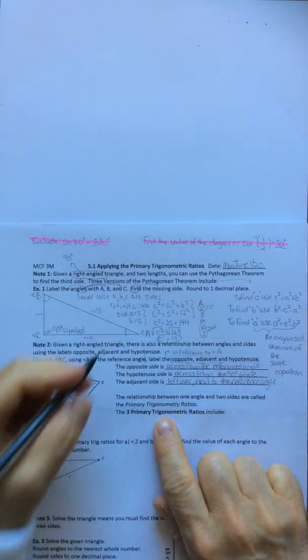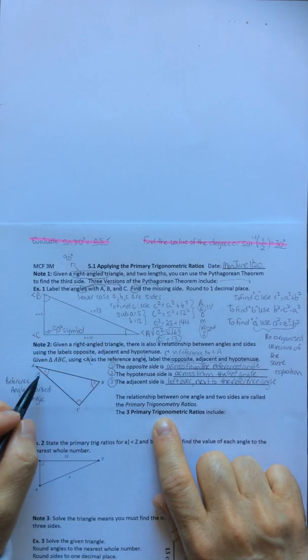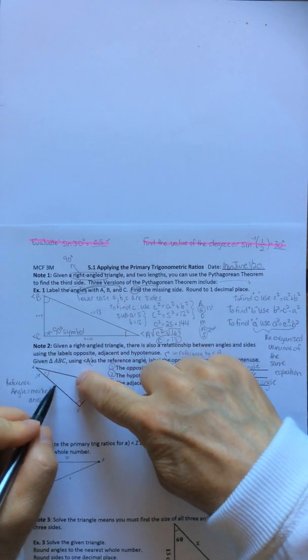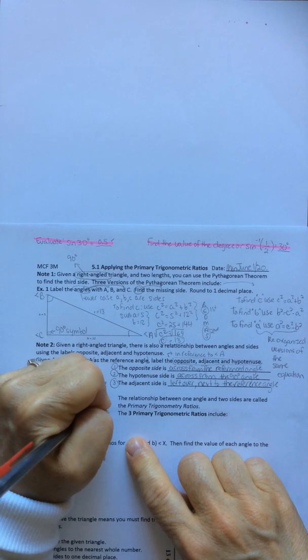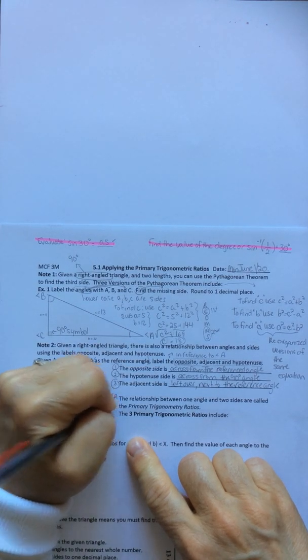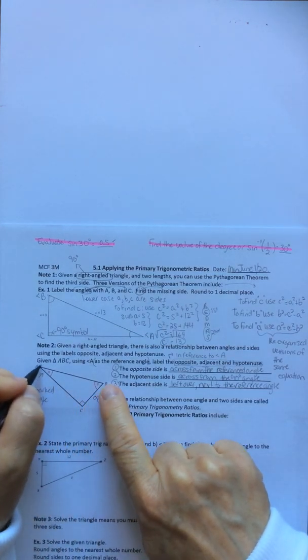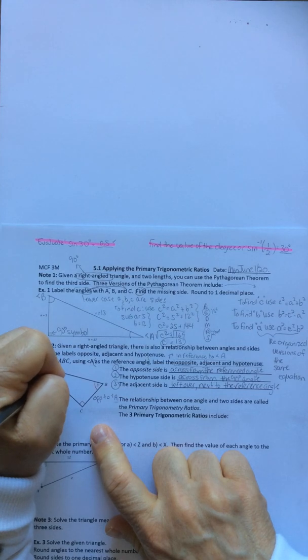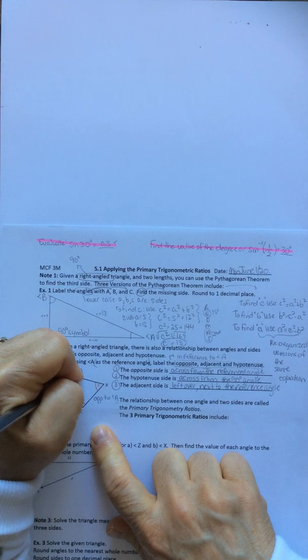Notice that I've done this on purpose in this order. Always label the opposite side first. Because the opposite side is across from angle A, the space between my pencil and my finger is called opposite. And we could even say opposite to angle A. It's very, very important. Across from the 90 degrees is your hypotenuse, and I shorten it to hype.